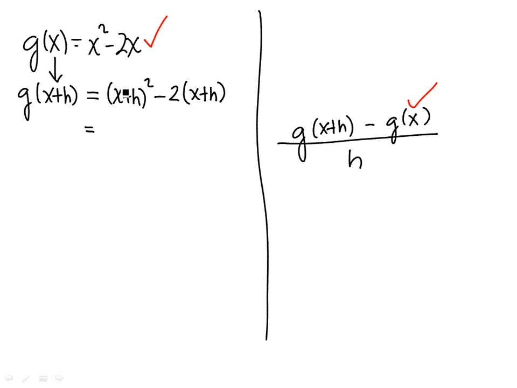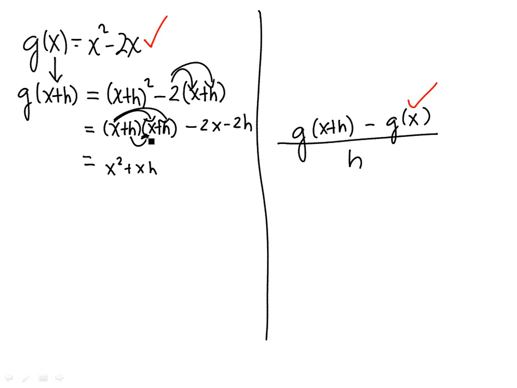Now we need to simplify. This is x plus h times x plus h. And if we distribute here, this is negative 2x minus 2h. FOILing would give us x squared plus xh, xh again, and h squared.